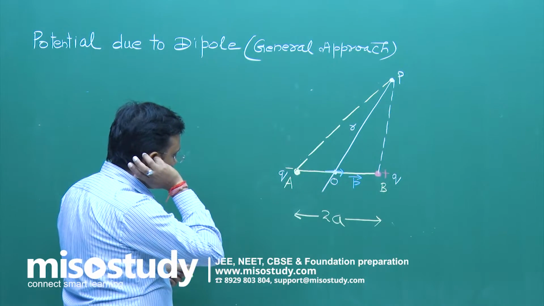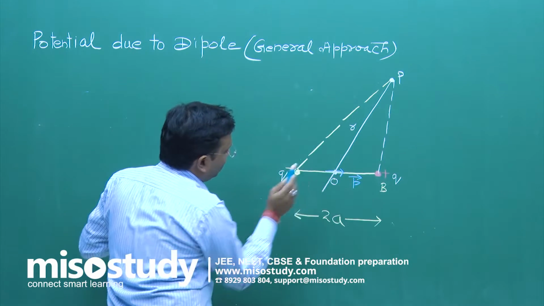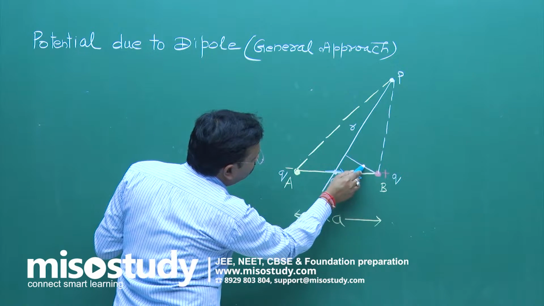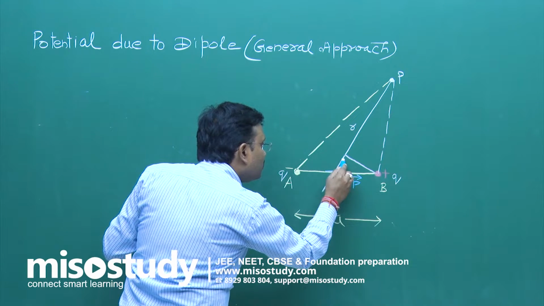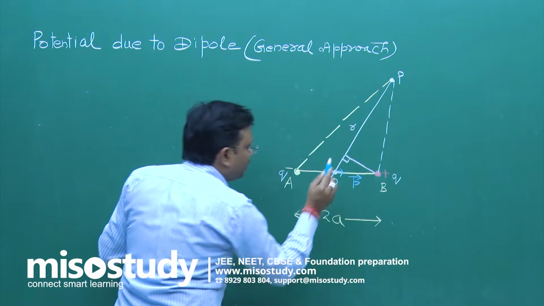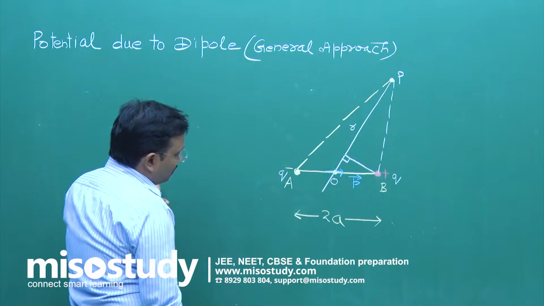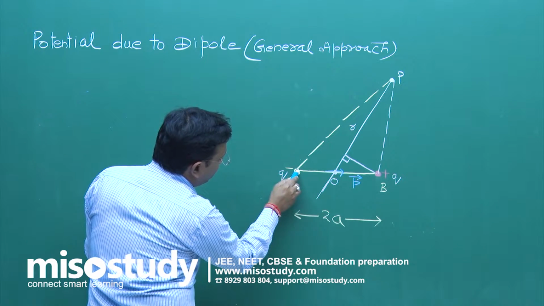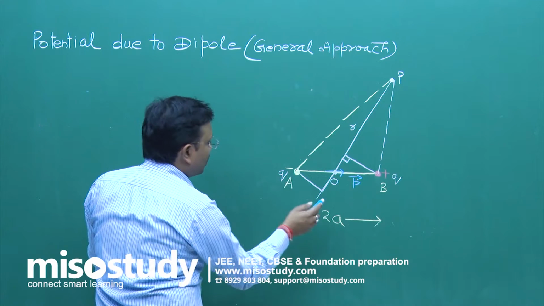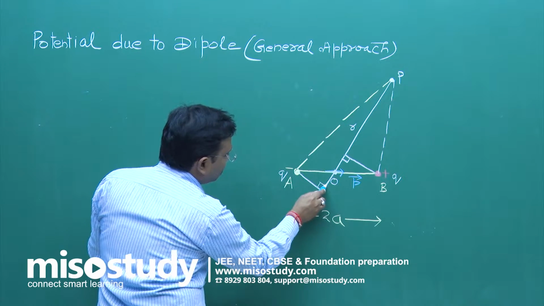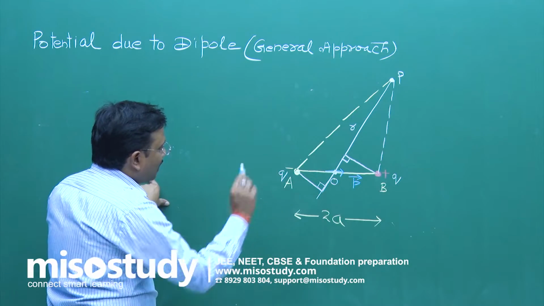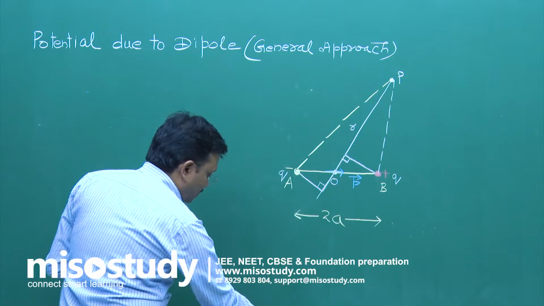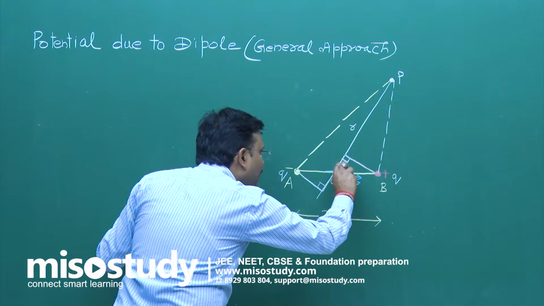Now you have to do something extra over here. Draw a normal from here to this point, means this angle is 90. Similarly, draw a normal from this point over here, this way 90. There are two angles which are clearly visible, and I think I should use red color.